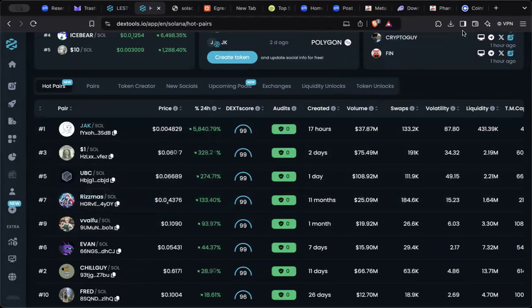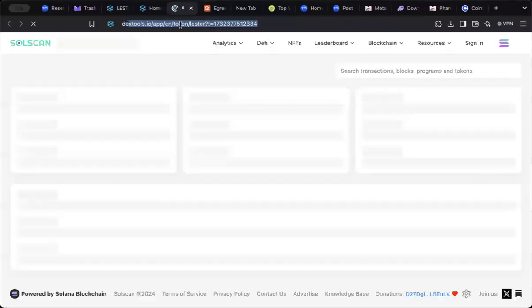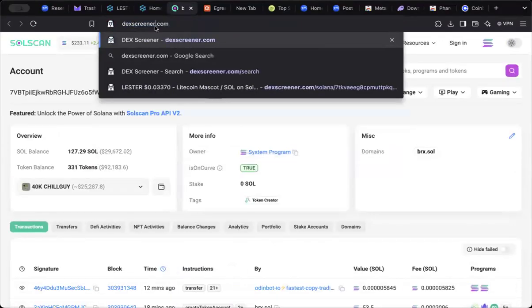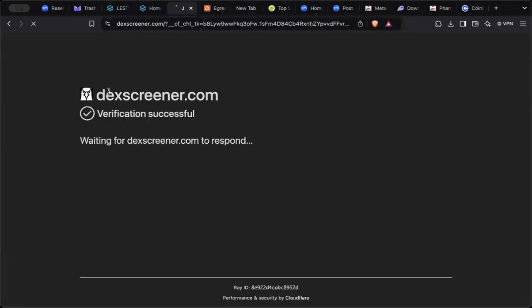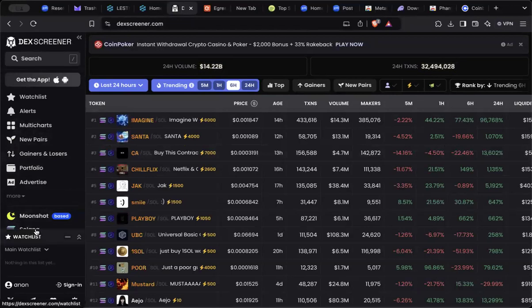Now, I'm going to click on here and go to another one, which is called Dex Screener. With Dex Screener, it holds the same information, but slightly different, and slightly easier to use as well.